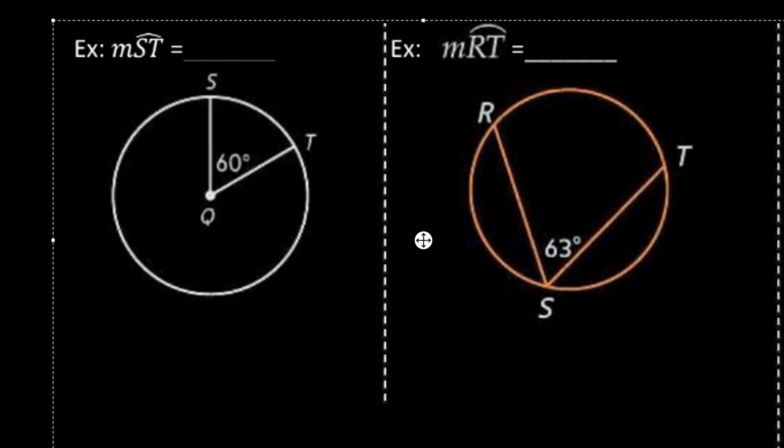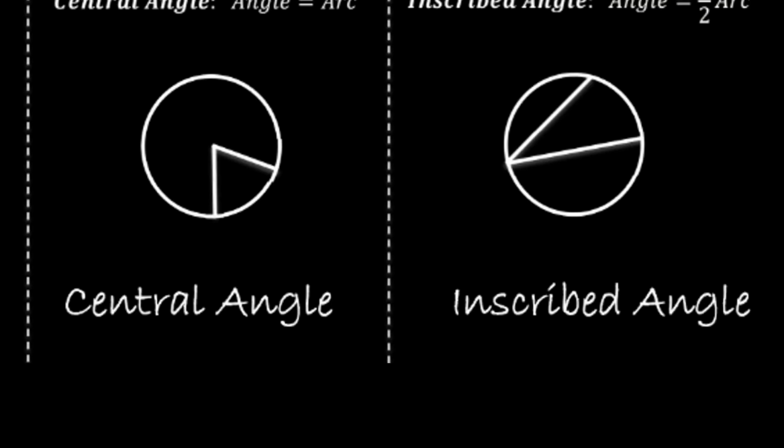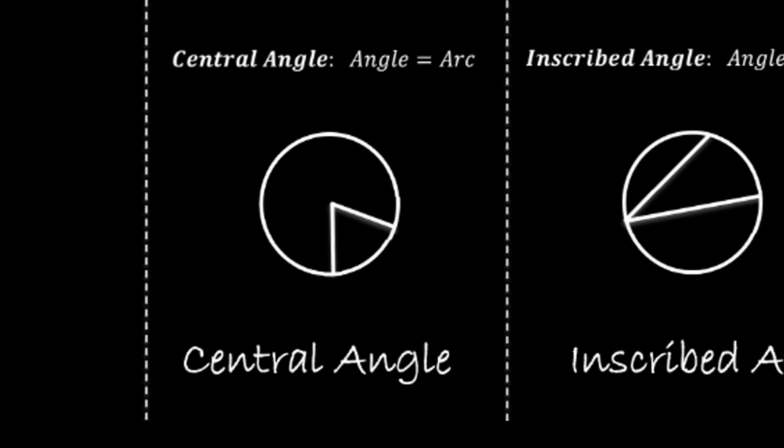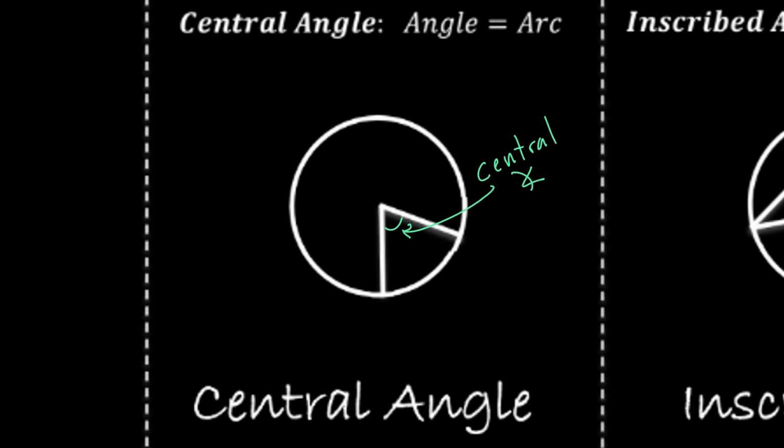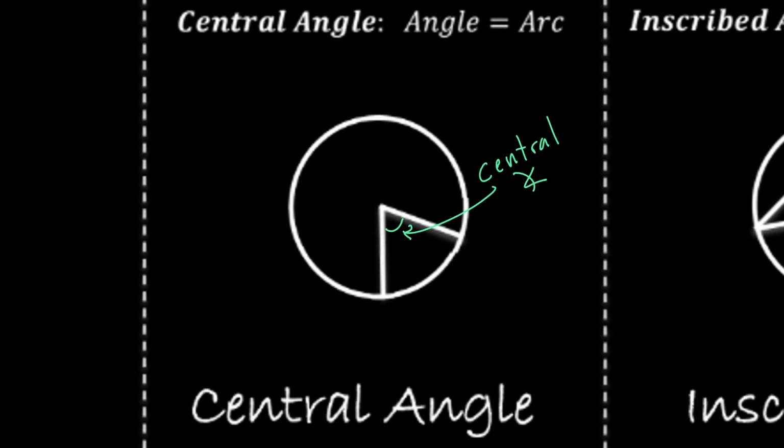Okay? So first, we're going to go over central angle. Again, central angles are located in the center of the circle. So this right here is my central angle. And the central angle is equal to the arc that it creates.